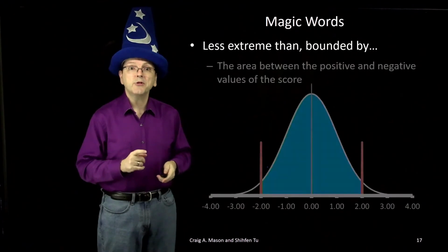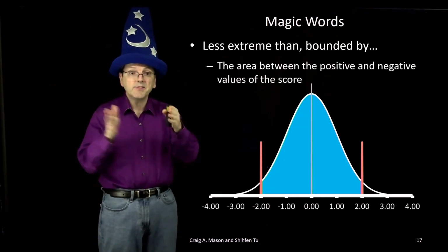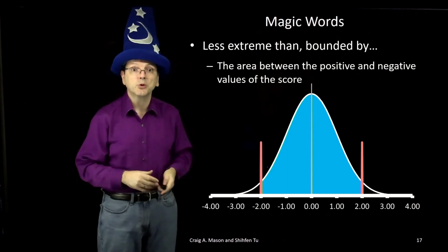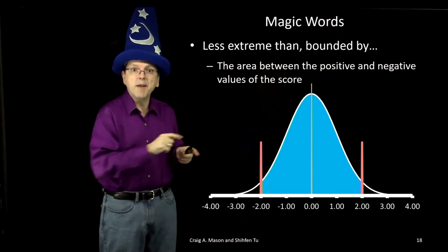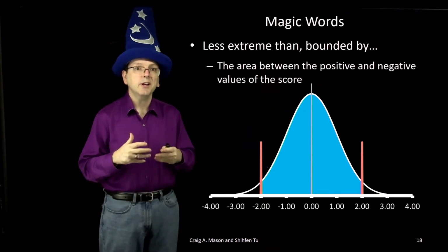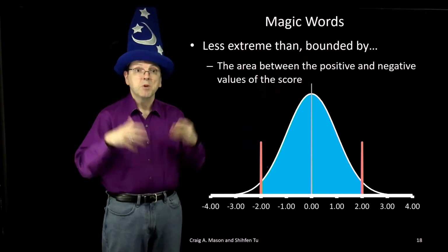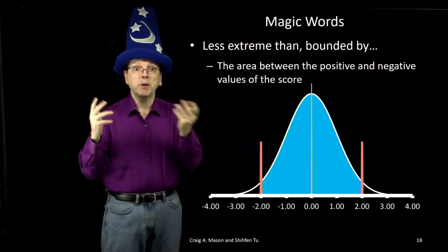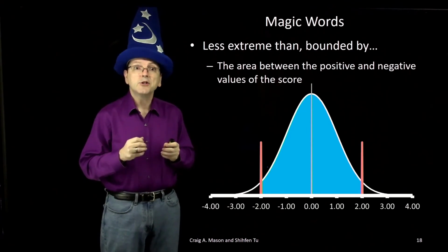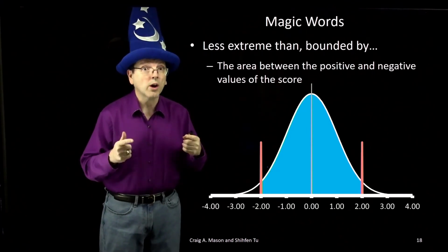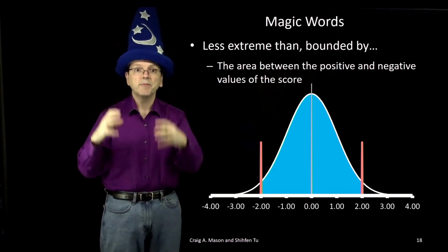In this case, we're interested in the area between the plus and minus values of some score. As we'll see later, this type of question is often approached in a different sort of way. Instead of what's the proportion above or below a z-score, these questions often involve determining what score bounds a given percentage of the normal curve.